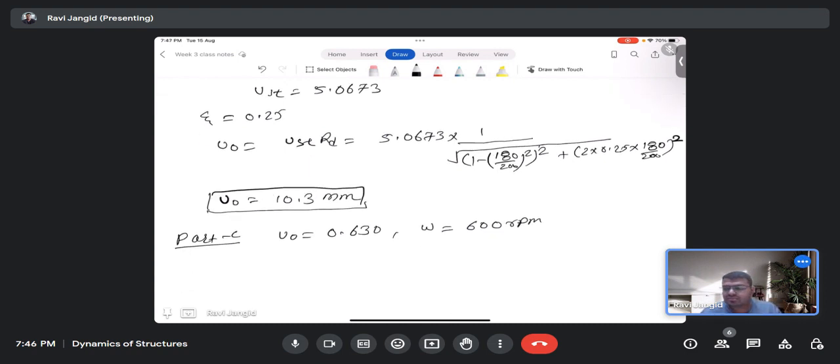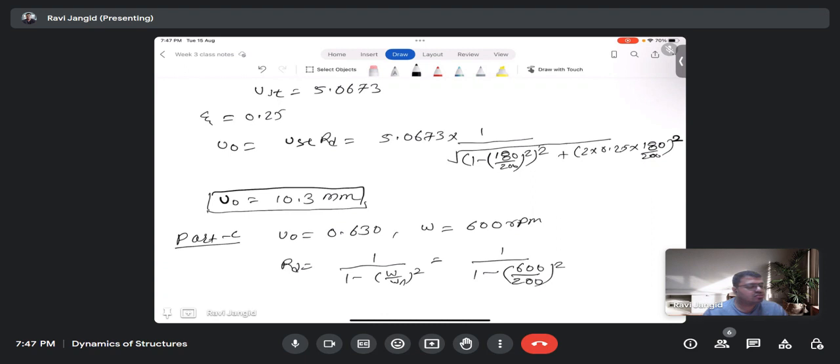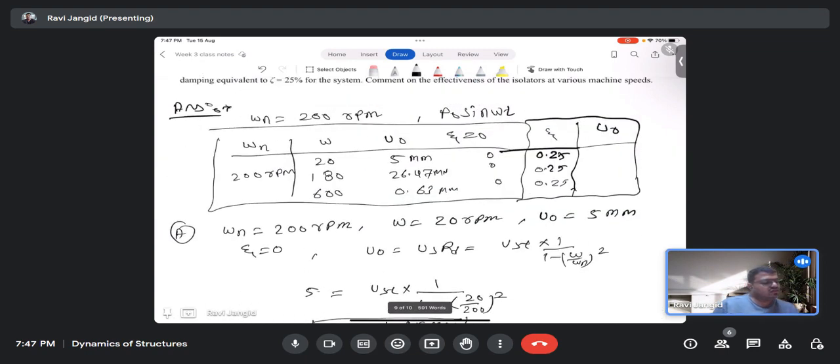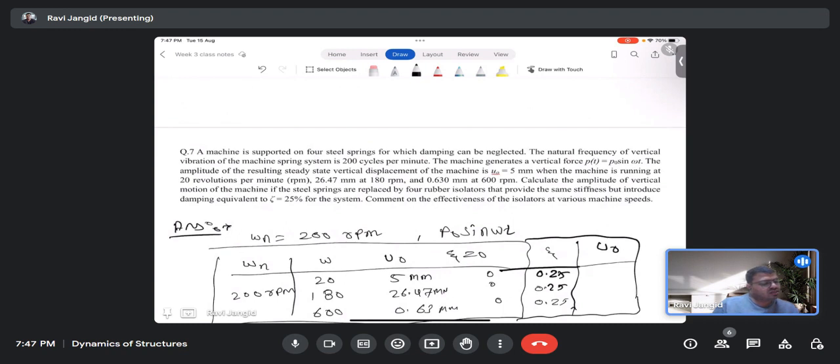First calculate the Rd, which is 1 over 1 minus (omega by omega n) squared, so 1 over 1 minus (600 by 200) squared. There u naught is 0.63. Is it correct? Yes. If you go through the question, we have given 0.63 mm. Okay.